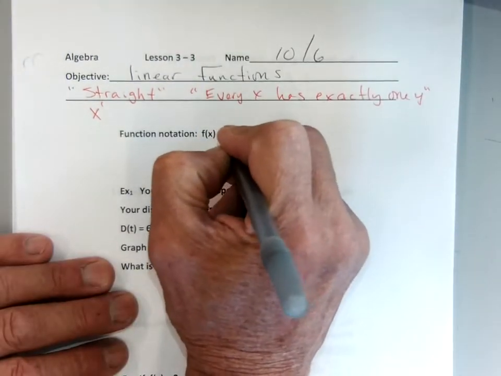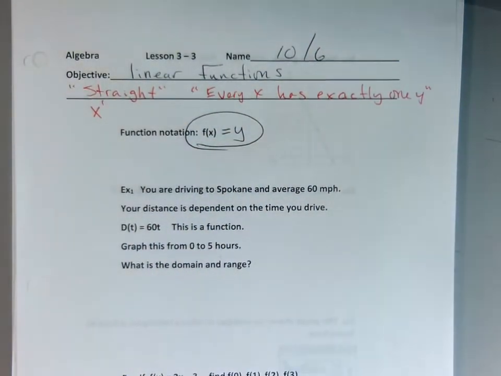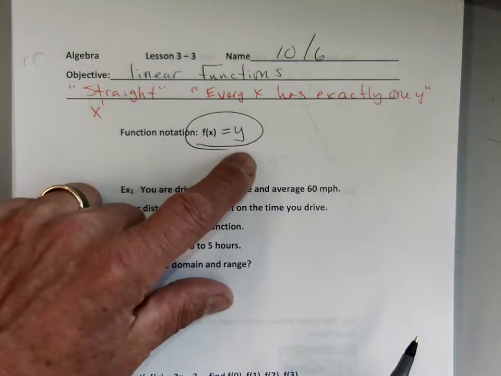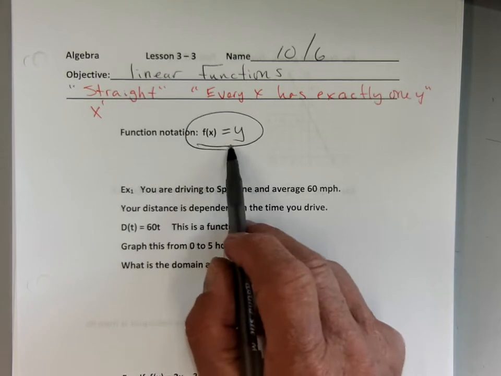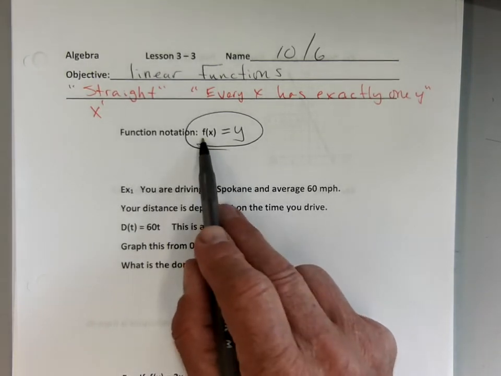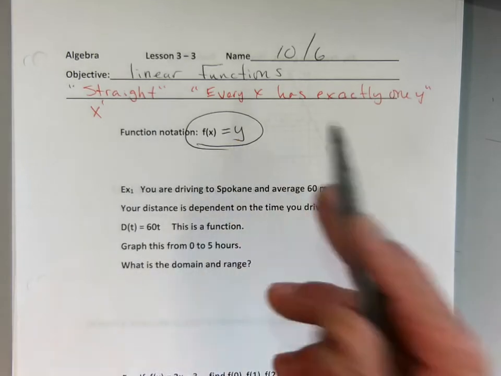We're going to circle it. F of x and y are going to mean the same thing for us, okay? Whenever it's a function, we can say f of x, or we can say y. Sometimes we'll say y, sometimes we'll use f of x. So just believe me, whenever you see f of x, it's the same thing as y, okay? Thumbs up?